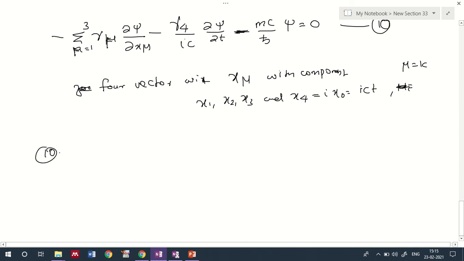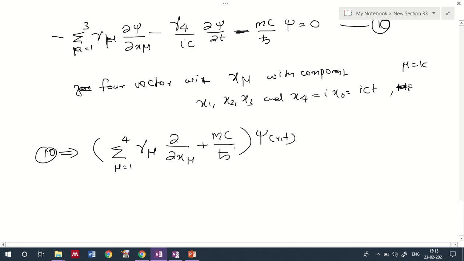The 10th equation becomes, in terms of mu equal to 1 to 4, the sum of gamma mu dou by dou x mu plus mc by h cross, multiplied by psi of r t, which is equal to 0. So here we got a form represented as a summation, where gamma mu we introduced, which is actually minus i beta alpha mu.